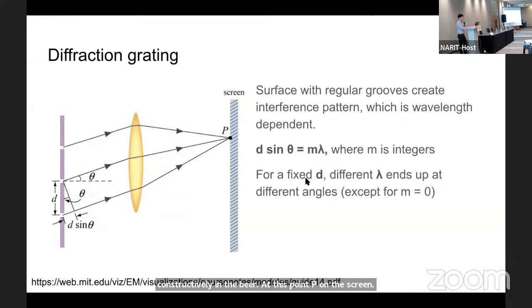You will also see that for fixed distance d between grooves, which is always the case because we manufacture this grating, and m some integer, different wavelength lambda will end up at different angle theta. And this is the basis of how a diffraction grating works. This is true for all orders except when m is 0. When m equals 0, you don't get any dispersion.